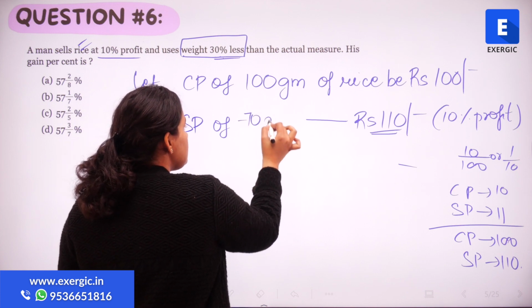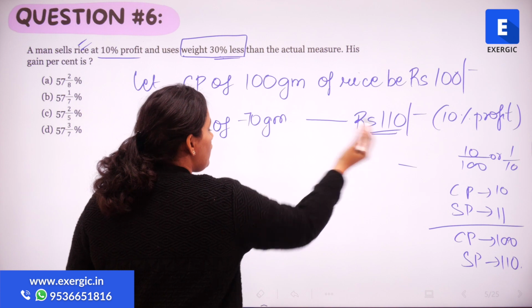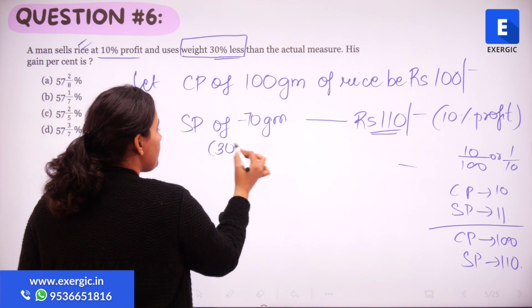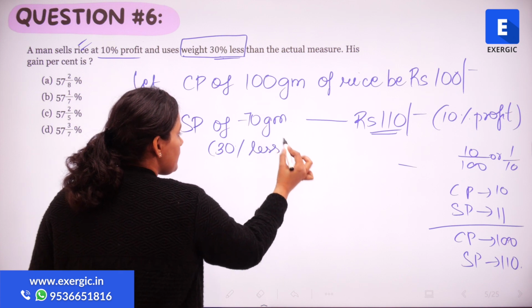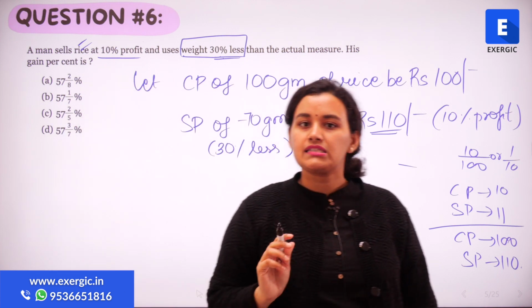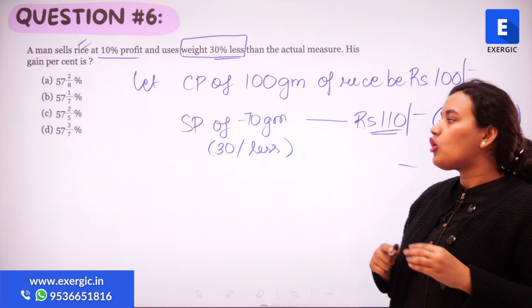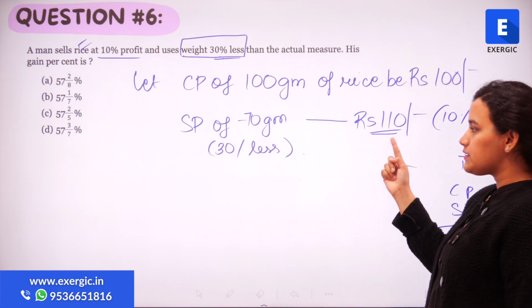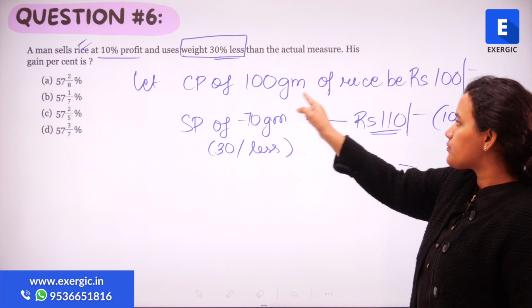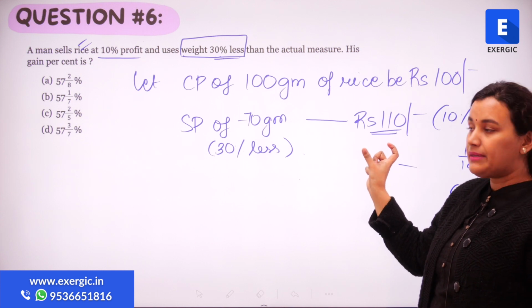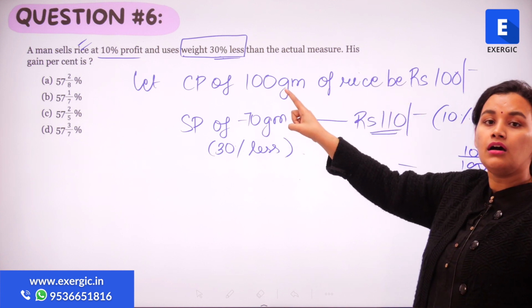He is selling 70 grams for 110 rupees. Where is the 70 grams coming from? Because he is selling 30% less. Is this clear? So that's what the first line is giving us. Not only is he selling at 10% profit, so if the cost price was rupees 100, then he is selling at rupees 110, but he has also decreased the weight.